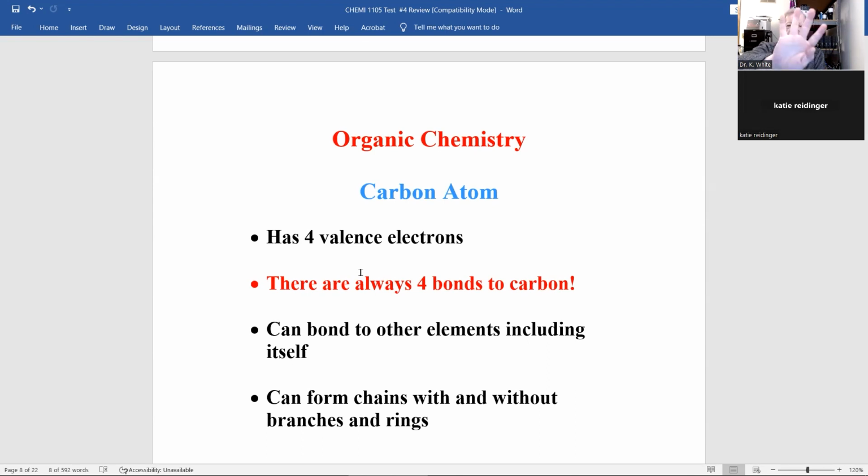And you should know there are always 4 bonds to carbon. If there aren't, that's made up by hydrogens.